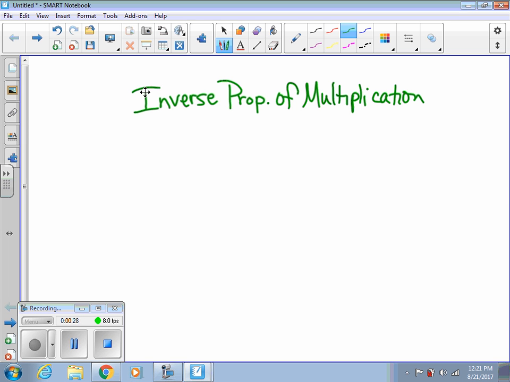If I took the number 2, the inverse of 2 is 1/2. If I multiply those together, I'm going to get 2 over 2, which is equal to 1. This is really important because when you use the inverse, you can get rid of coefficients that you need to get rid of in solving algebraic equations.